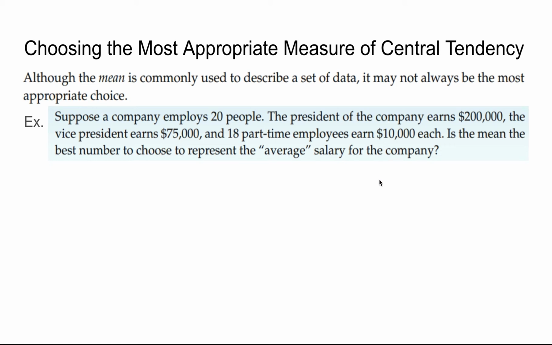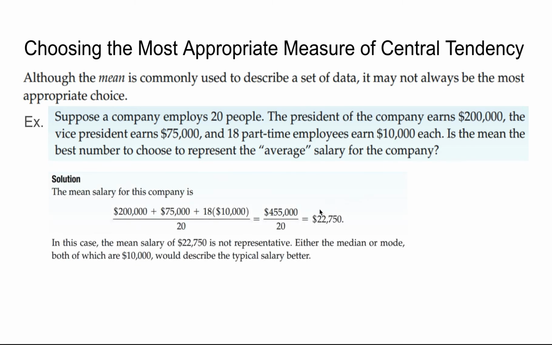So there are 20 people. The sum of these values is 455,000, and you can divide it by 20 to find the mean, and you get 22,750.